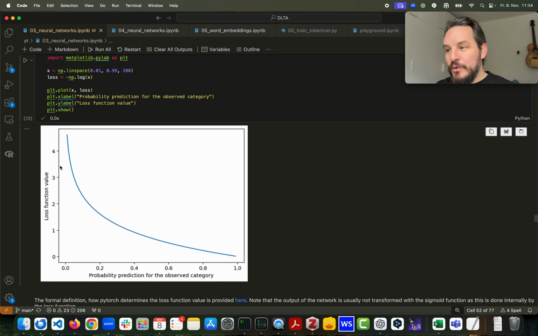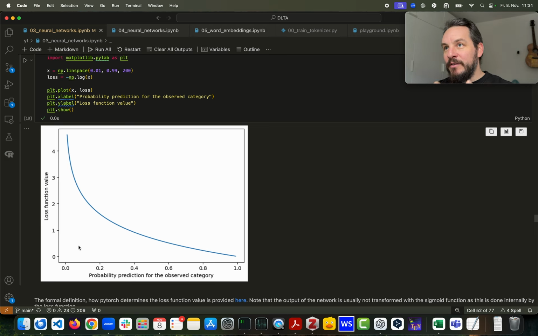So intuitively, and in my opinion this is the most important aspect, you will always have a model which makes a probability prediction, and you look at what the category is in reality for this observation and how high the probability prediction is for that category. If you have a high probability prediction for the category that you actually observe, then your model is doing something good and your loss value is small.